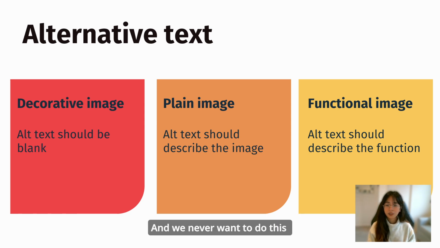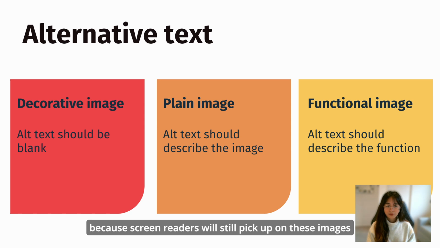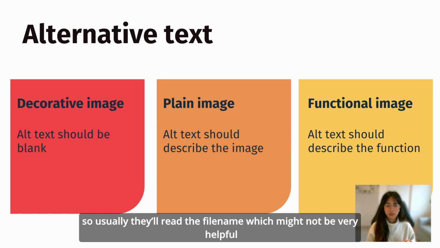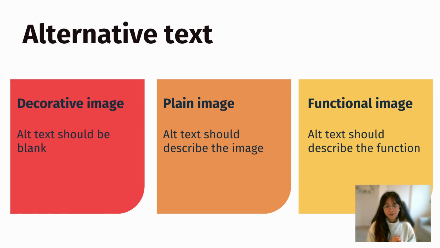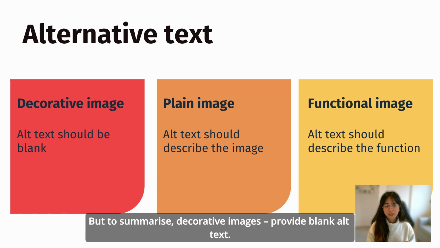And we never want to do this because screen readers will still pick up on these images, but they won't be given an appropriate text substitute. So usually they'll read the file name, which might not be very helpful because file names can sometimes just be a random string of numbers and characters.